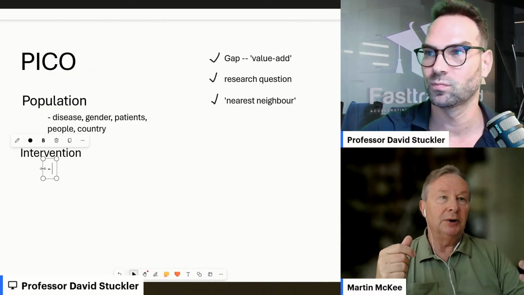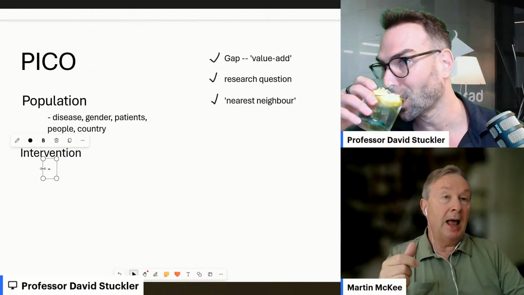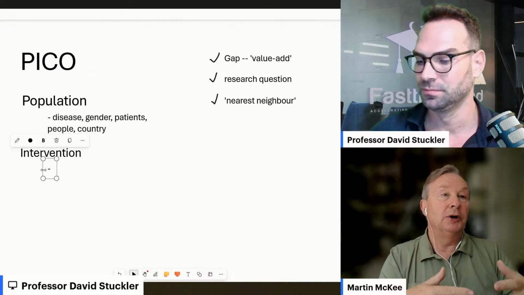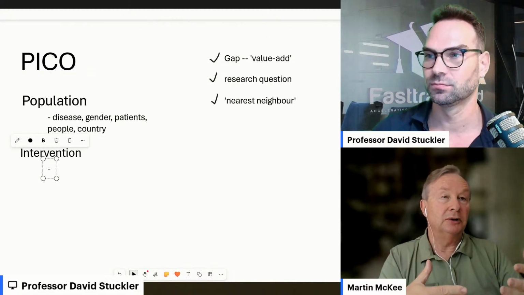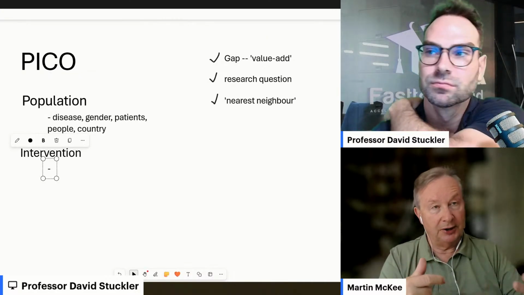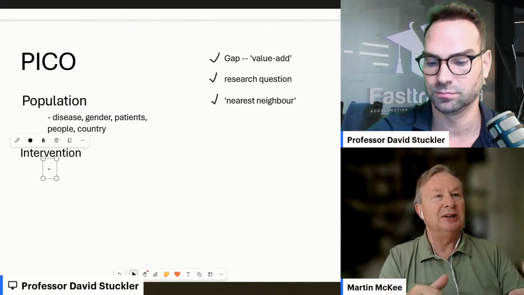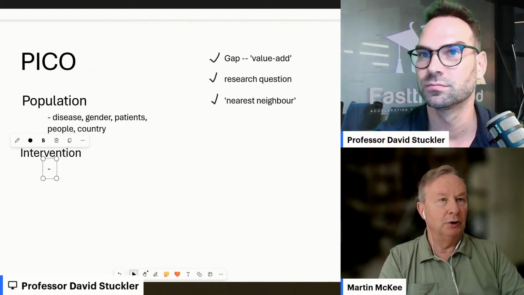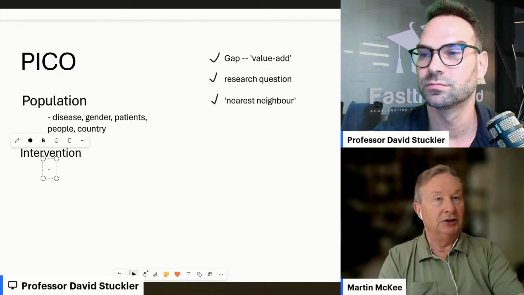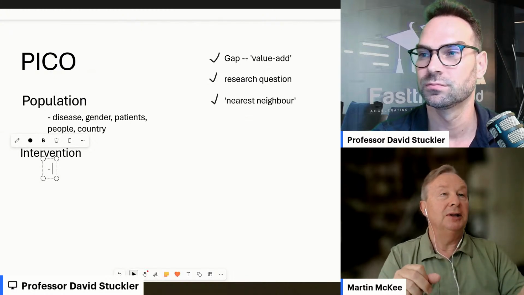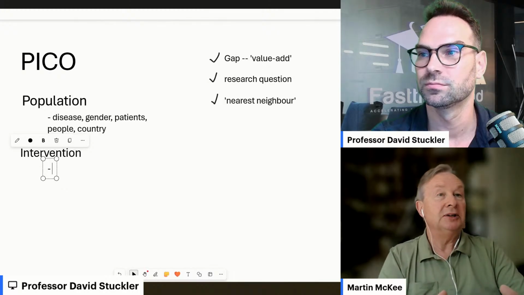We were looking at integrated management for hypertension, and it was a package of interventions where you're looking at the use of mid-level health workers, simplified guidelines, combination therapy, and so on. Now, you couldn't do that easily with just randomizing one patient and then the next patient to something else. You could do it in different villages or communities, and then you randomize there. So the intervention can be a complex intervention like that.